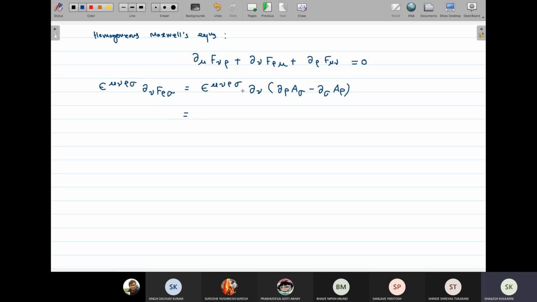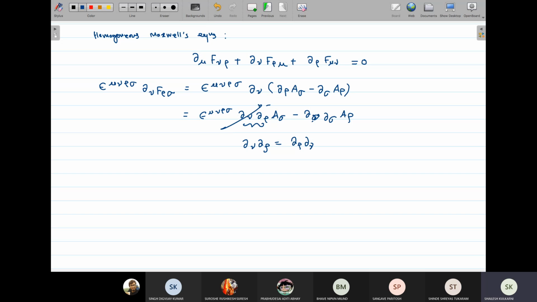So you see that this is epsilon mu nu rho sigma del nu del rho A sigma minus epsilon mu nu rho sigma del nu del sigma A rho. But you see, del nu del rho is del rho del nu, which is symmetric, while epsilon is antisymmetric in nu rho.